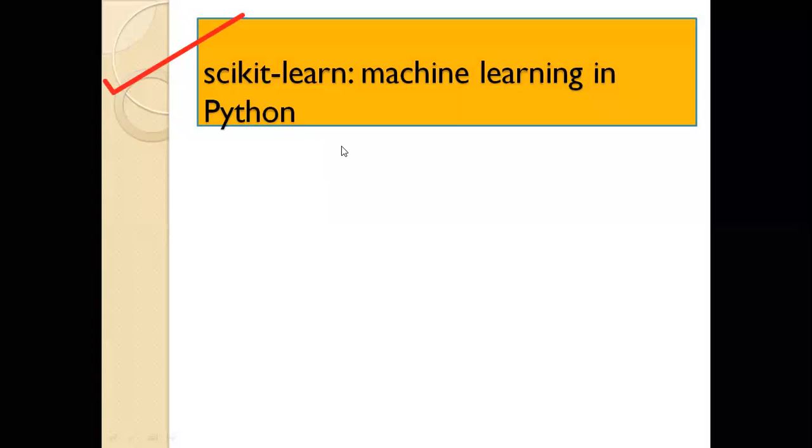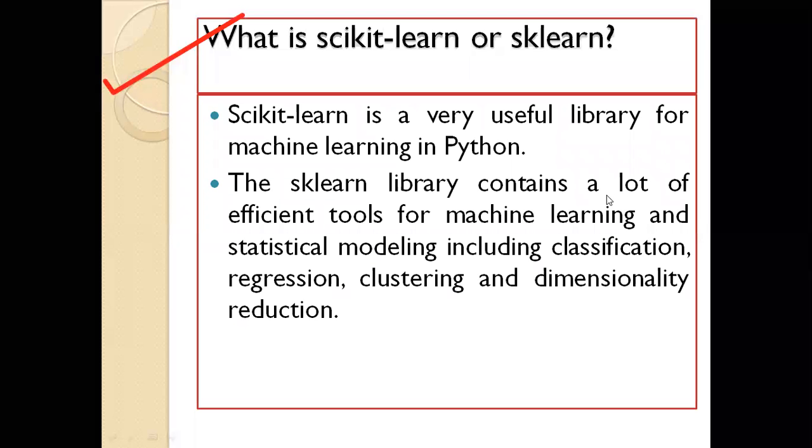Scikit-learn is used for implementation of those machine learning algorithms in Python. This is a very useful library, as it contains a lot of efficient tools for machine learning and statistical modeling, including classification, regression, clustering, dimensionality reduction, and a lot of tasks you can do with this library.